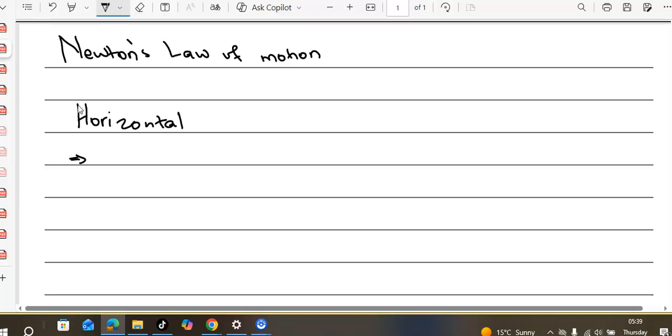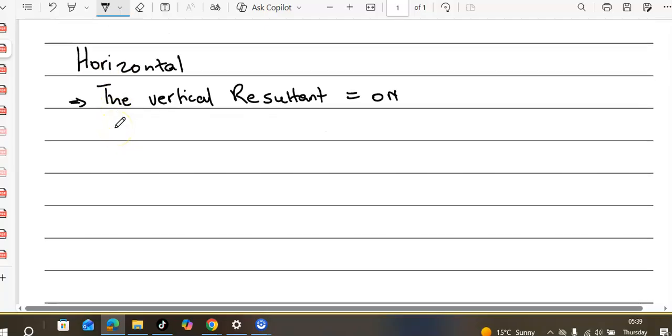So on the horizontal, what we can say is that the vertical resultant equals 0 newtons. The vertical resultant is equal to what? 0 newtons. Exactly.